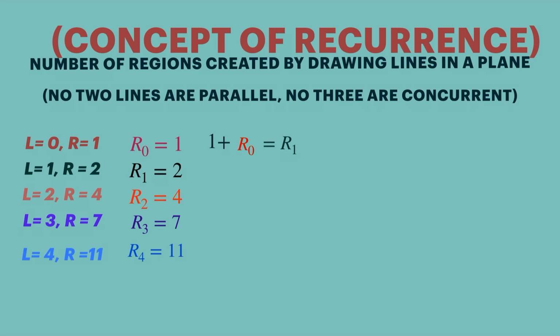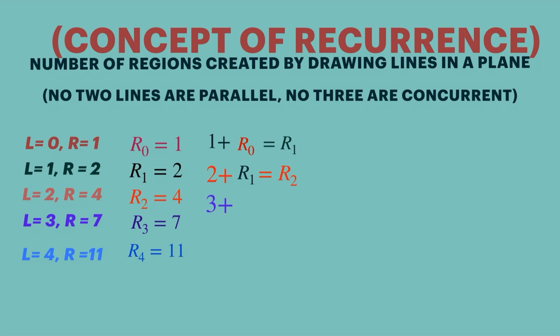Because R0 is 1, so 1 plus 1 equal to 2, and 2 is R1, so we write 1 plus R0 equal to R1. Similarly, 2 plus R1 means 2 plus 2, 4. 4 is R2, so 2 plus R1 equal to R2.